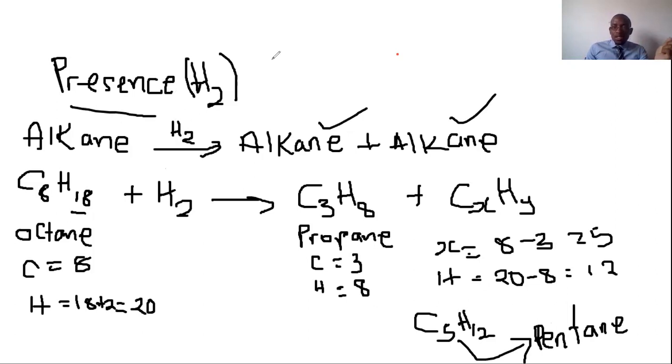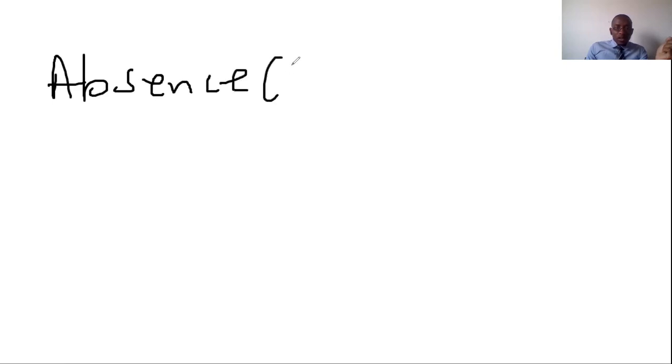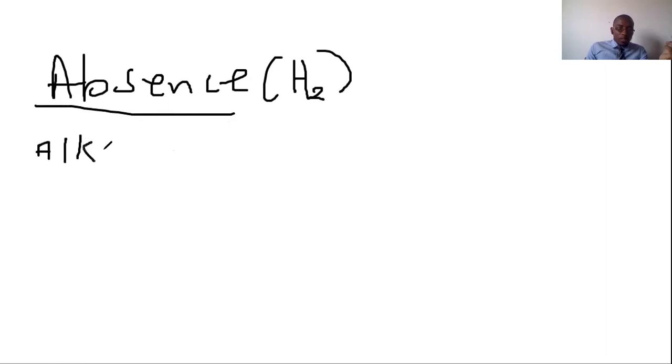Now let's look at cracking in the absence of hydrogen. So there is no hydrogen involved. When we have an alkane and it undergoes cracking, you don't show the hydrogen on the arrow. So this is the absence.